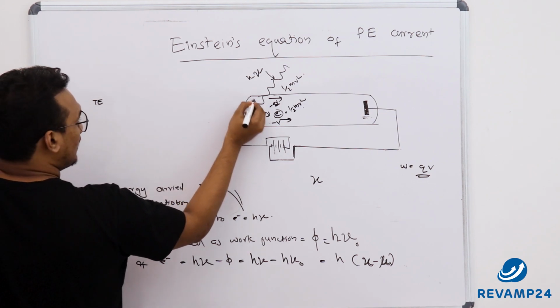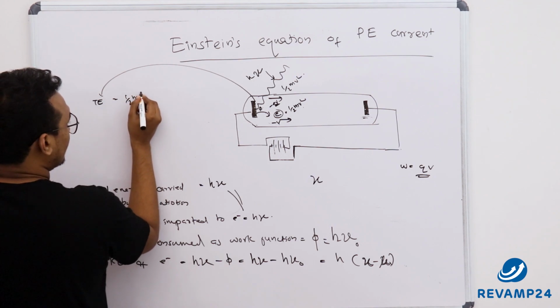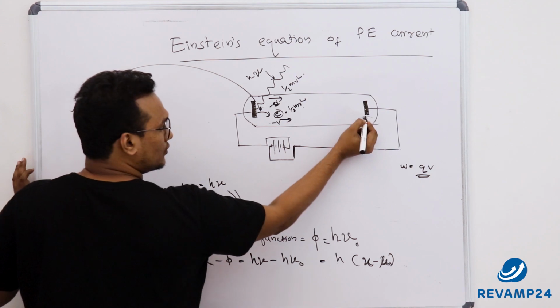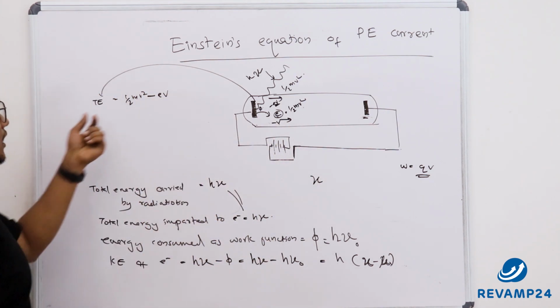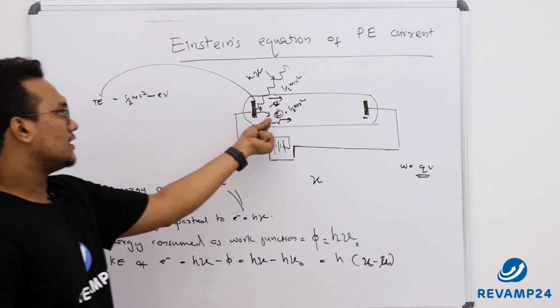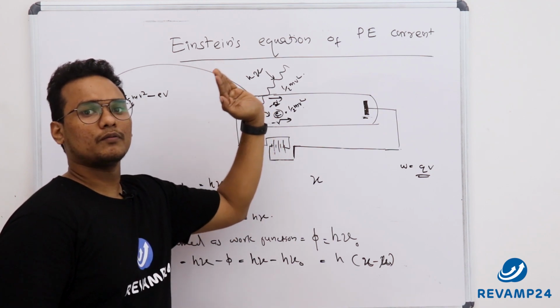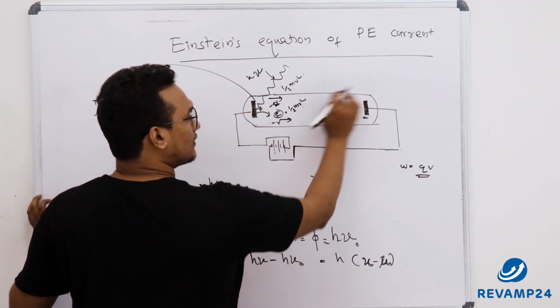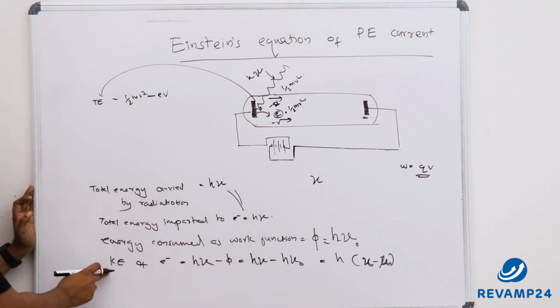The kinetic energy of the electron is half mv square, and due to the negative potential here, it will have a potential energy of eV. If these two values are equal, the electron will have zero velocity, which means photoelectric emission is not possible. No energy means the electron will not reach here, and there won't be current passing through this circuit. Now, this is the kinetic energy, right?